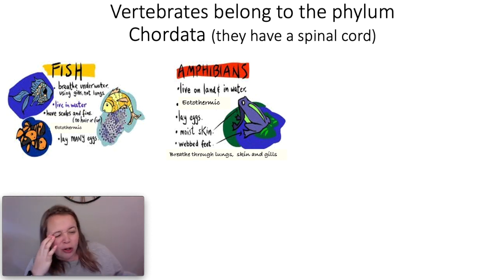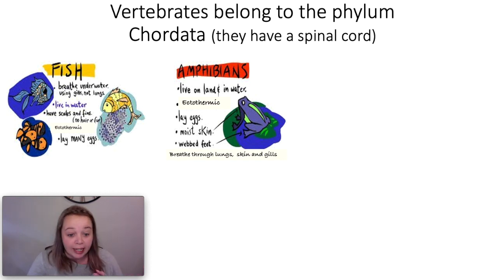Okay, so they have a few different features. They still lay eggs, and they actually need to return to water to lay their eggs. They have a moist skin versus the scales of a fish. They also seem to have webbed feet, indicating that they can move quite well through water. But they have the first sets of lungs.